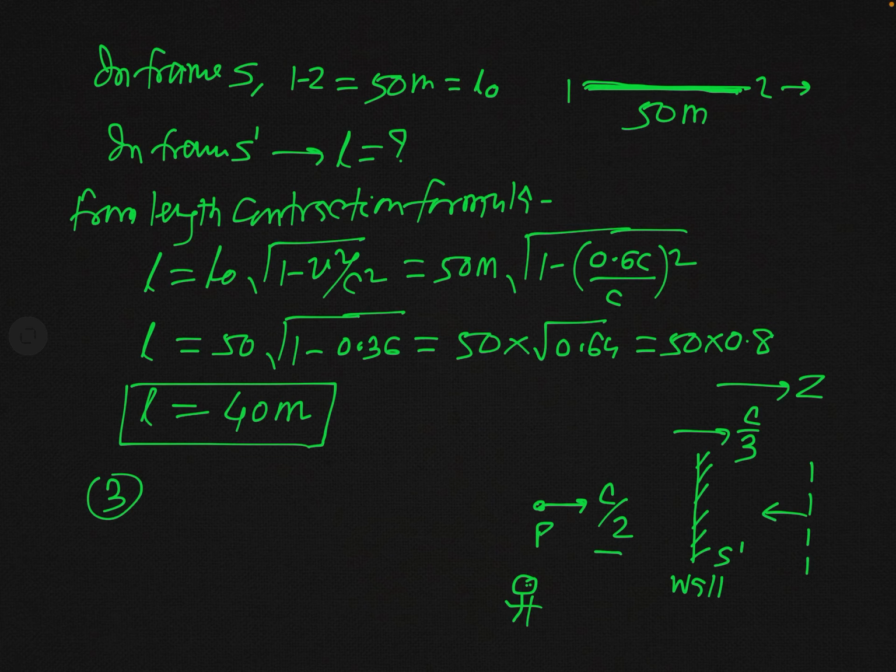This S prime is a frame which is moving with velocity c by 3, and P is our particle whose velocity with respect to the stationary frame is c by 2 in the same direction, and we have to measure the velocity of this particle with respect to this moving frame S prime. So we will apply the velocity transformation formula.